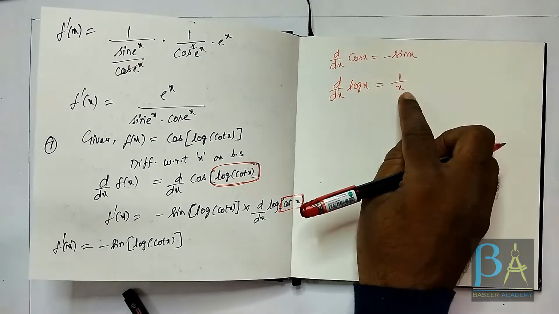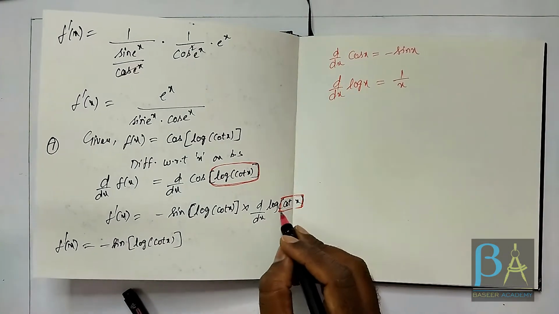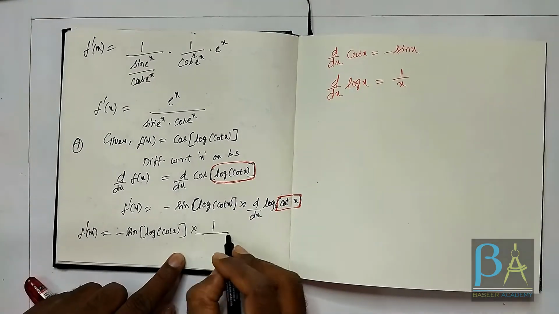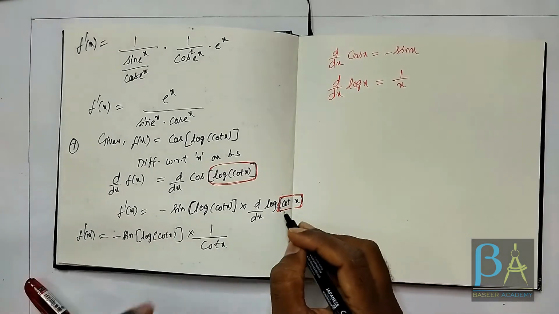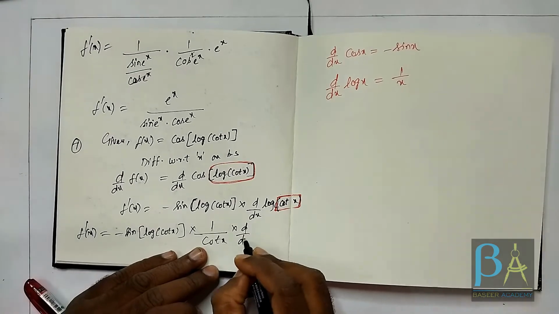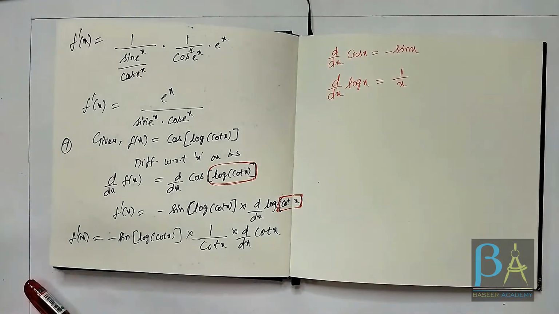D by dx of log x is 1 by x. D by dx of log, let us consider this complete thing as x. So d by dx of log x is 1 by x. But in reality this is not x, this is cot x. So as per chain rule you have to differentiate this thing as well.